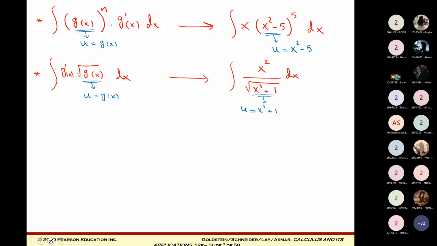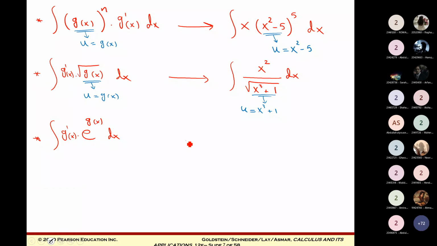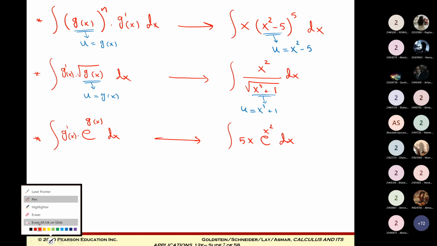Also, maybe we have e to the power g of x, multiplied by g prime dx. If we have e to the power g of x, we need to suppose that u equals g of x. An example: e to the power x squared, and we have 5x multiplied by e to the power x squared.